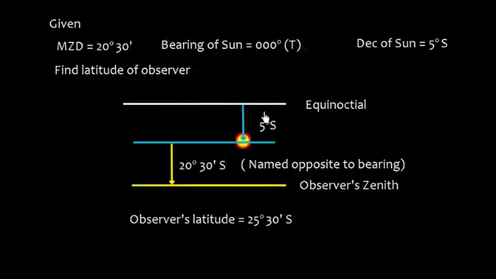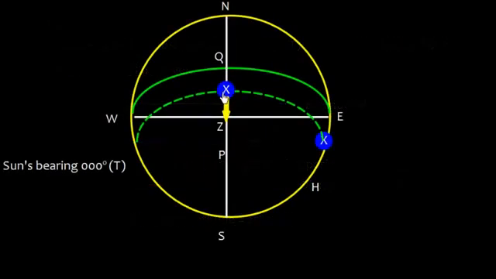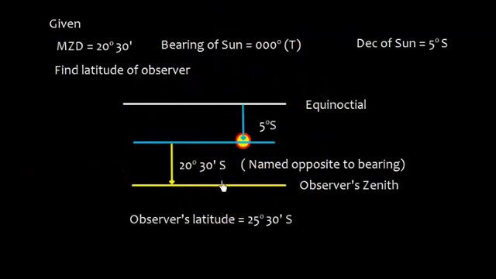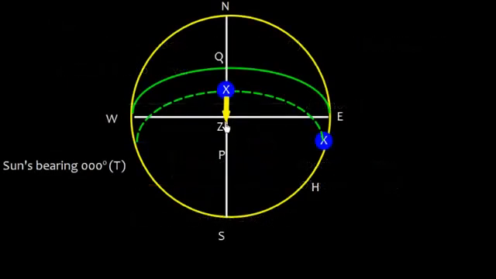Q, that is the equinoctial, to X, that is the celestial body, which is 5 degrees south. Now the zenith distance from X to Z is also south, and the value of this is 20 degrees 30 minutes south from X to Z, and this is opposite to the bearing. We can have a look here. Suppose the observer is, of course, here at the center, the body is here, the bearing is north, so X to Z, the zenith distance, is south.